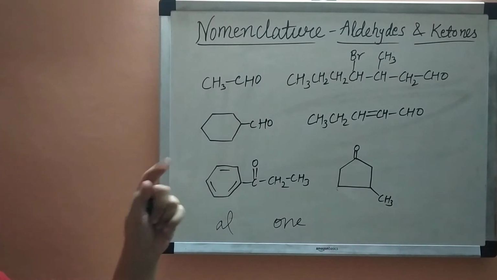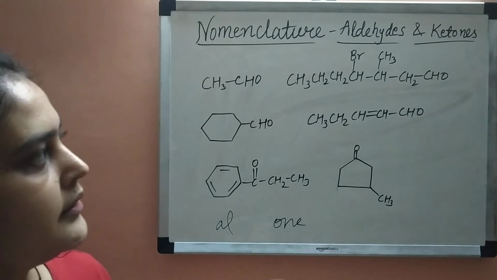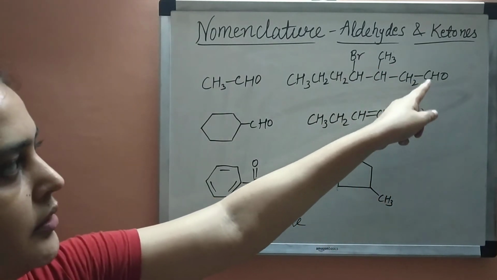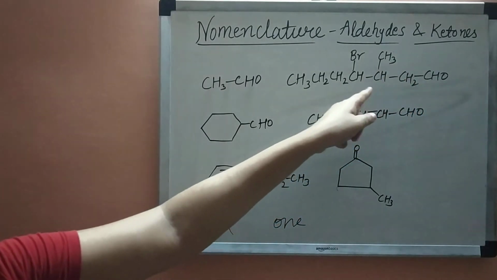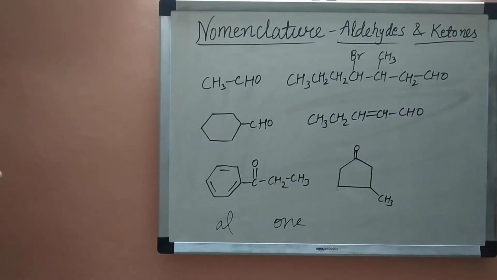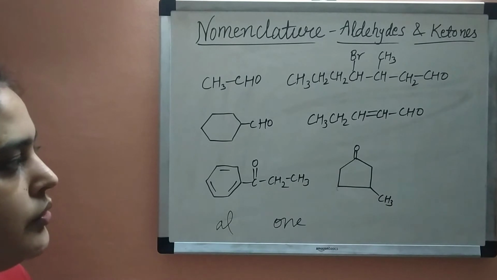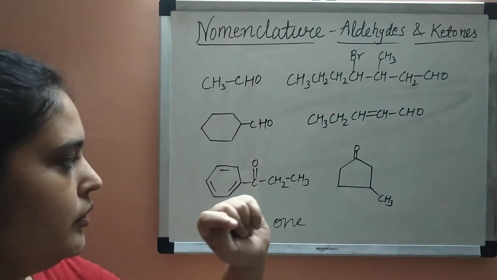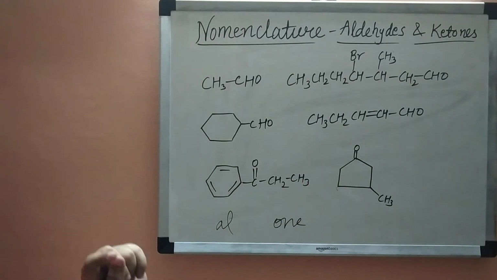The numbering will start from the carbon atom which has the functional group. So from here the numbering will start, 1, 2, 3, 4 and so on, and in ketones also the numbering will start from the carbon where the carbonyl group is attached. So the carbonyl group is given preference in the numbering.